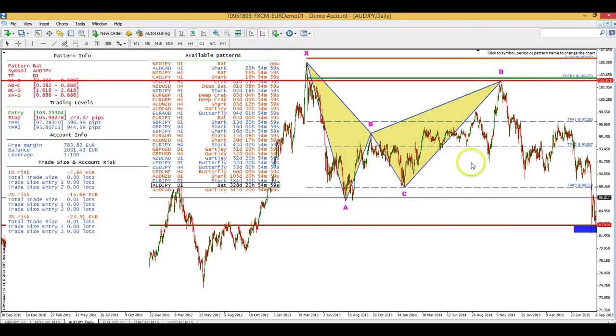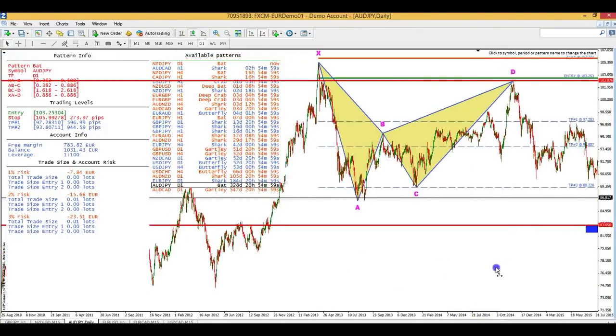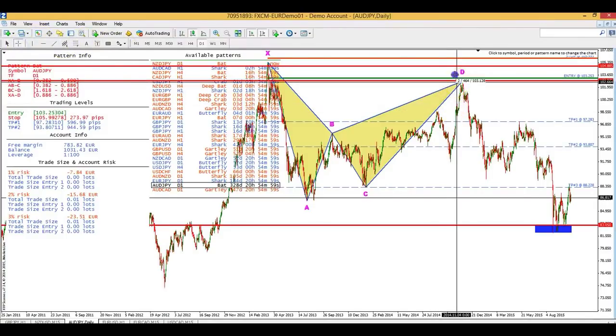This is AUDJPY, and then boom, you'd be money. Your stop will probably be up here to that next resistance zone. You measure that. That's a good 200 pip swing to potentially make 500 to 900. So a good 2 to 3 to 1 risk to reward ratio.